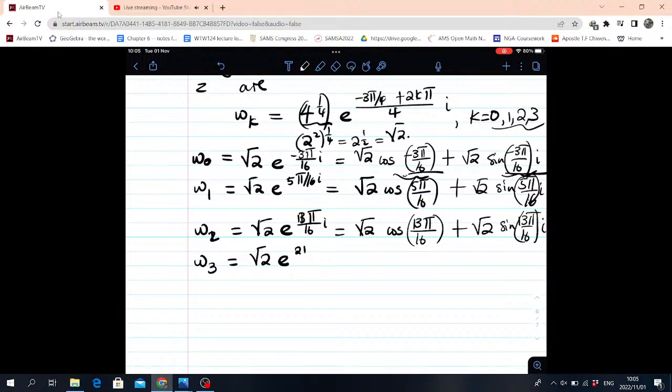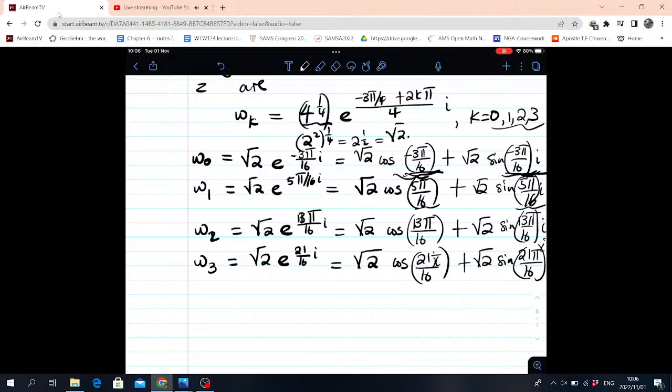So 21, and then our denominator is 16 i, which can be written as root 2 cos 21 over 16 pi plus root 2 sine 21 pi over 16. And then we've got all the complex numbers. And maybe I should also point out that in an assessment, you're not expected to be able to find these types of cosines and sines.